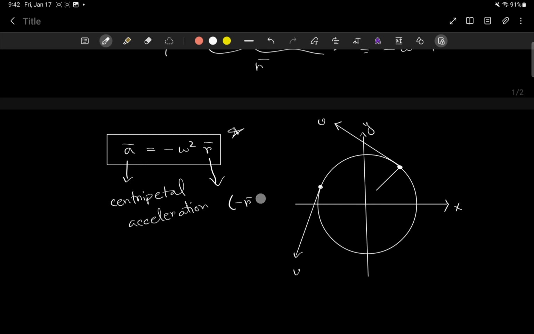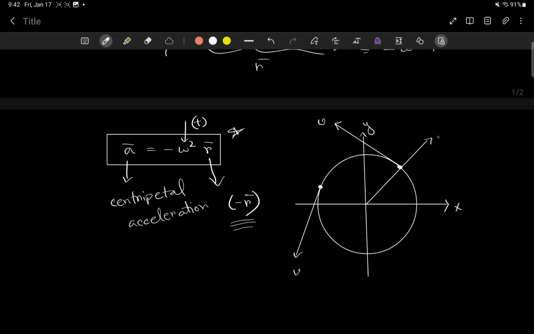Negative r, which means the direction is determined by r and this sign. So this is the r vector, the radius vector. Where is the negative r vector? The negative r vector is of course toward the center, I mean the origin. My drawing is so bad. Okay, I'm just going to use this. My bad.